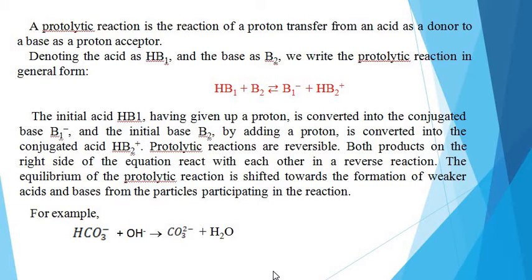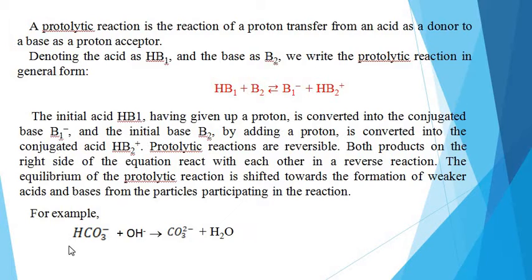Protolytic reactions are reversible. Both products on the right side of the equation react with each other in a reverse reaction. The equilibrium of the protolytic reaction shifts towards the formation of the weaker acids and bases from the particles participating in the reaction.